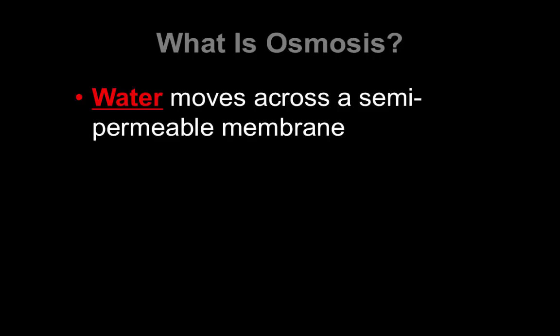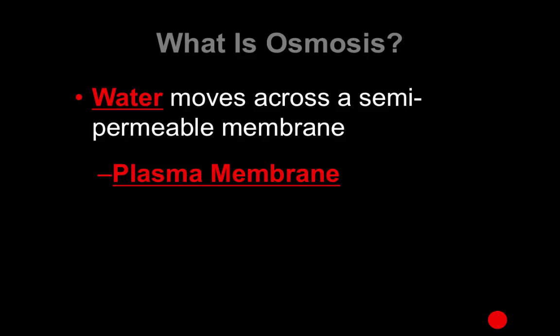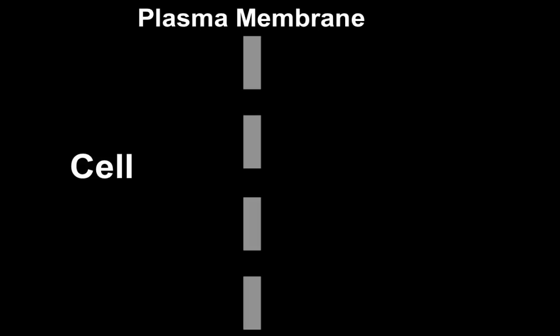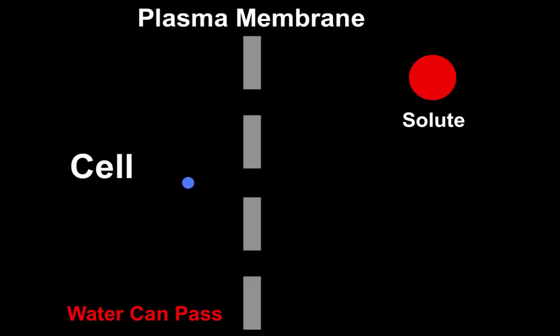Now let's look at osmosis. Osmosis is similar, but it involves water moving across what we call a semi-permeable membrane. And in this case, we're going to be talking about the plasma membrane. Now, it's called semi-permeable because water can actually pass through it.